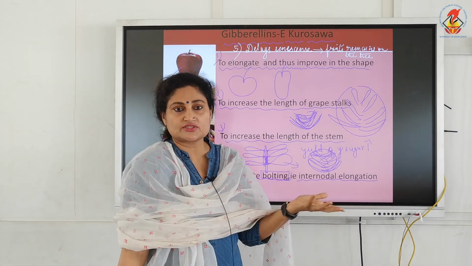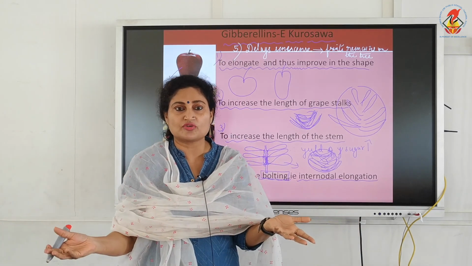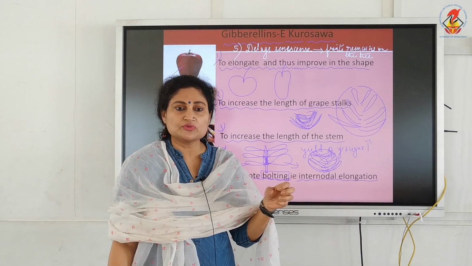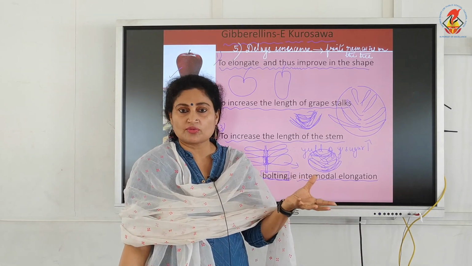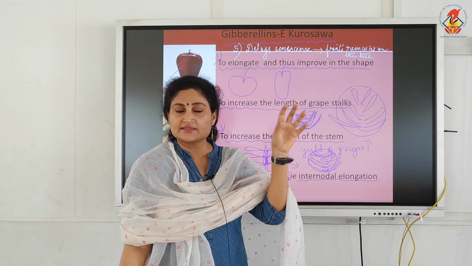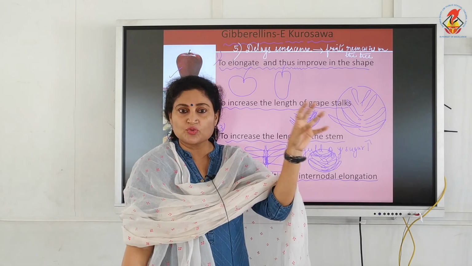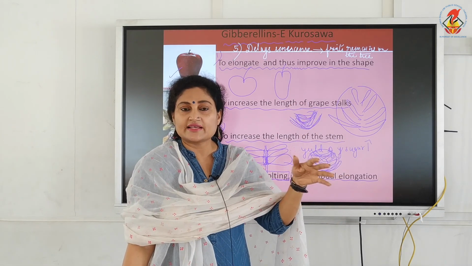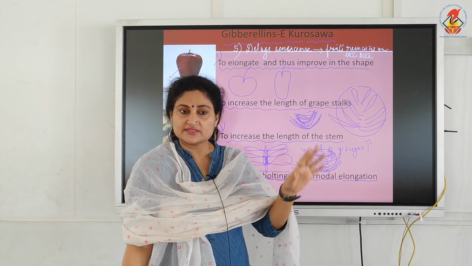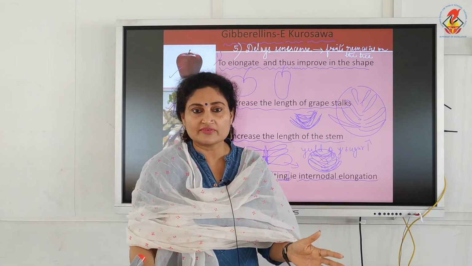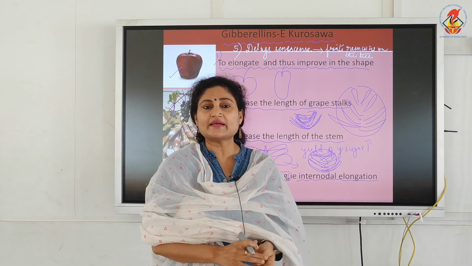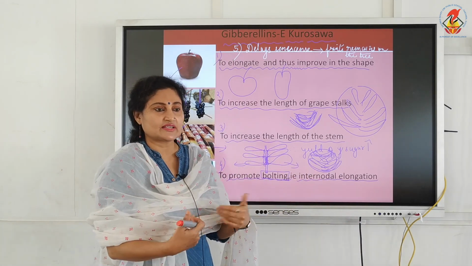There are no silos, no granaries, no stocking for tomatoes. So what we do is spray gibberellins on these plants or trees, and therefore the plant delays senescence and the fruit remains on the tree, and therefore it extends its market period, its shelf life. And when it's time in the market for a new harvest, gibberellin application is stopped and the fruit naturally ripens and we can harvest.